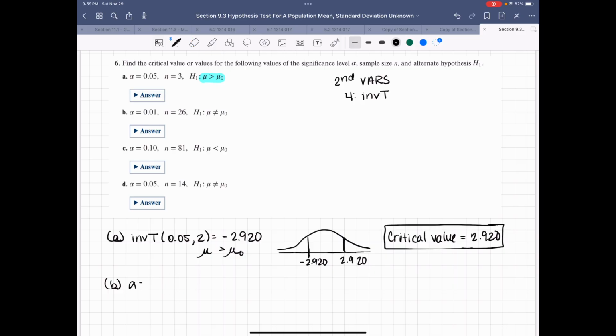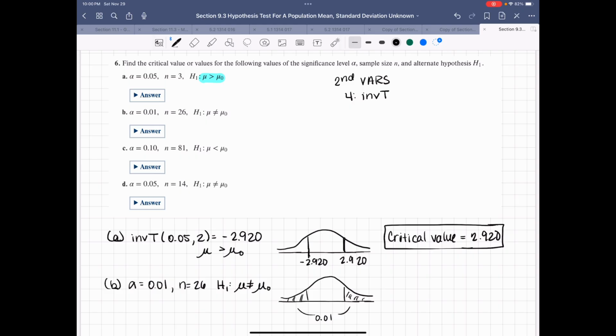So if I have that alpha is 0.01 and n equals 26, and here's where it got me, because I have mu does not equal the null. Okay, so what is that saying? I should have drawn the picture first. What do I have here? We're saying that this chunk, since it's both, and this chunk, together, these two are 0.01, okay?